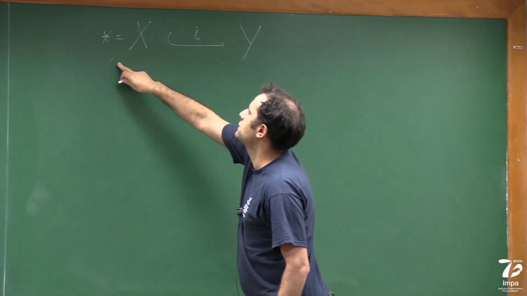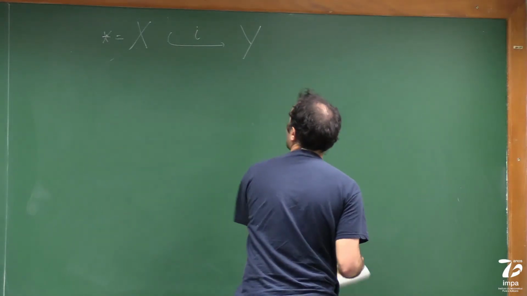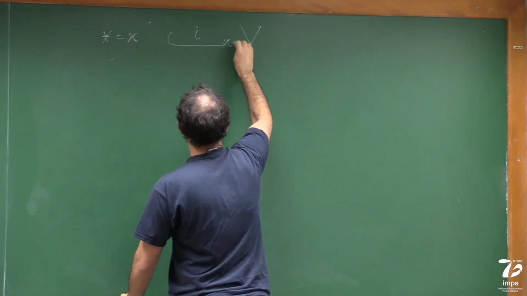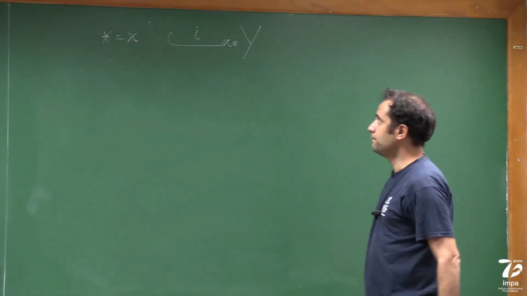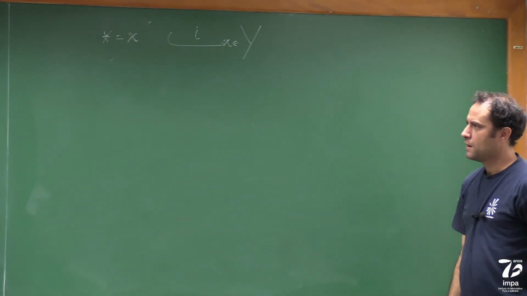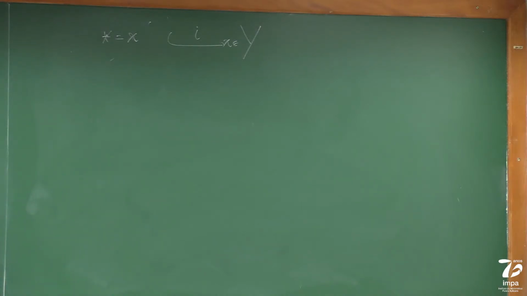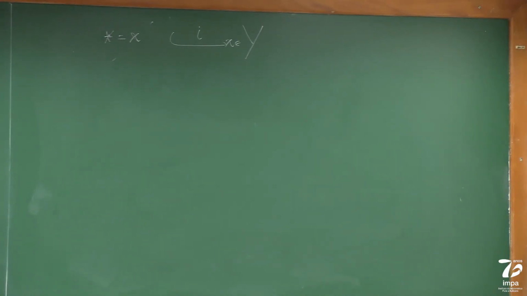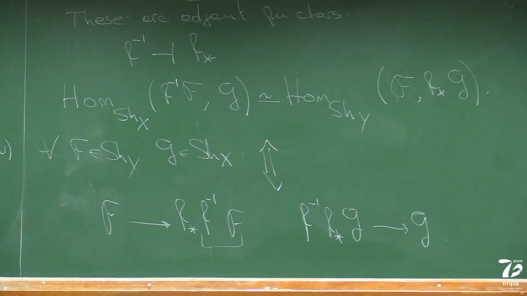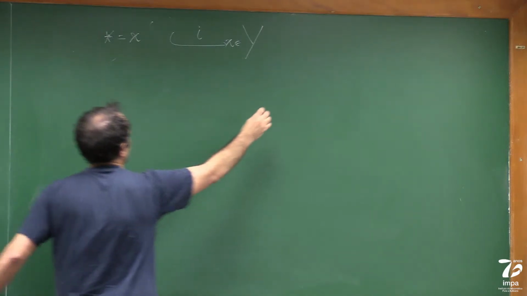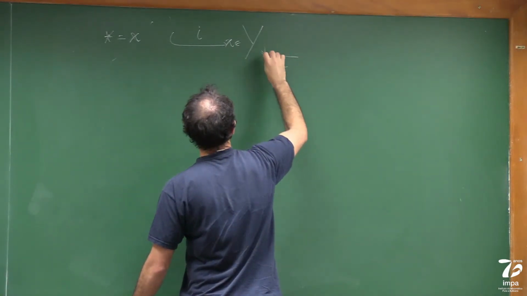So it sends this point to a point. Let's use that little letter X here. Okay. So I have this F, which was a sheaf on Y. And I want to understand this restriction. And let's look at the definition here. So I have some sheaf F here.